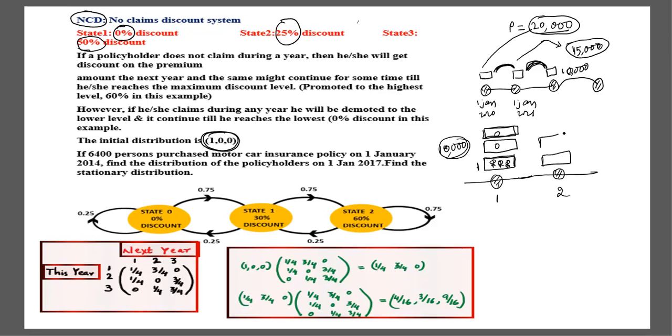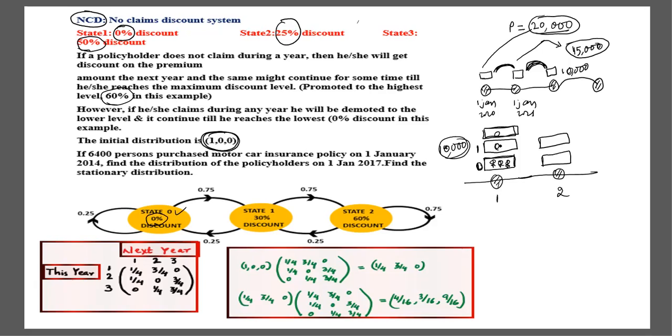Some people will go to this. I've written two types of discount here, 60%. If he is promoted to the highest level, the other one must be 30%. Yes, 30%, 0%. State 0 is 0% discount, and state 1 is 30% discount.